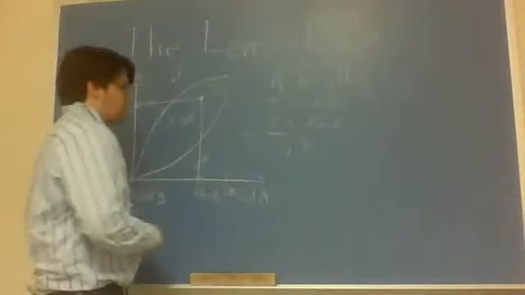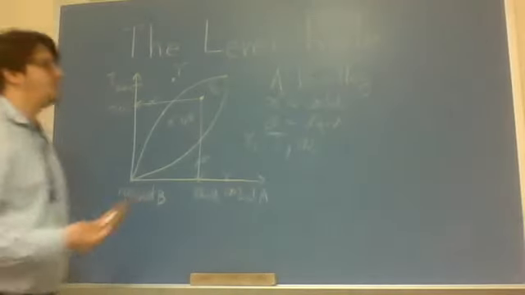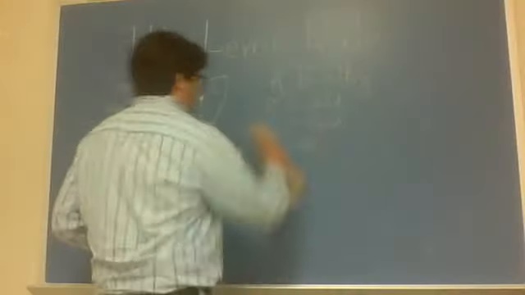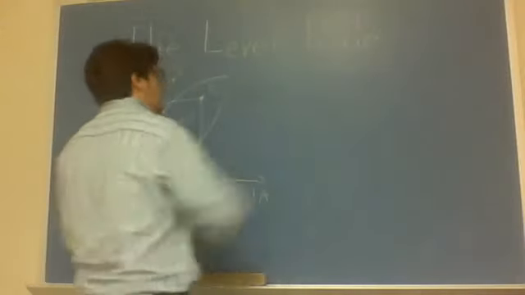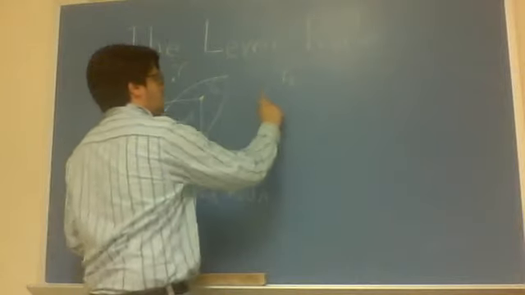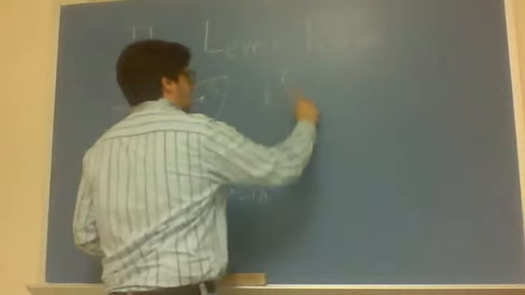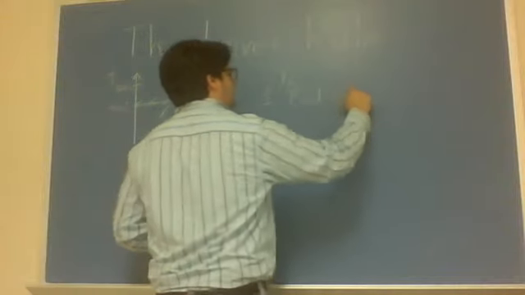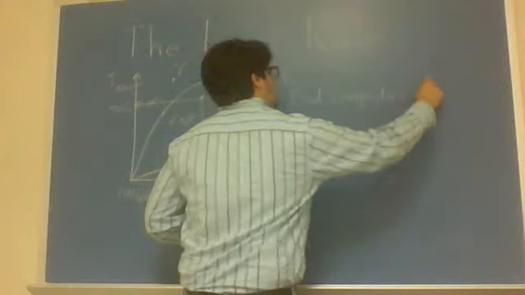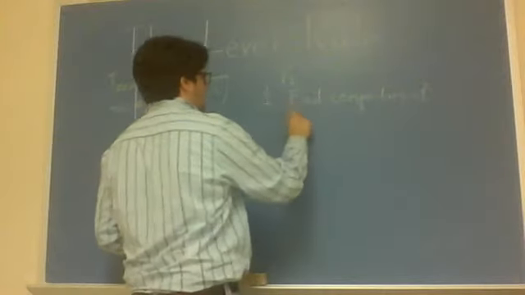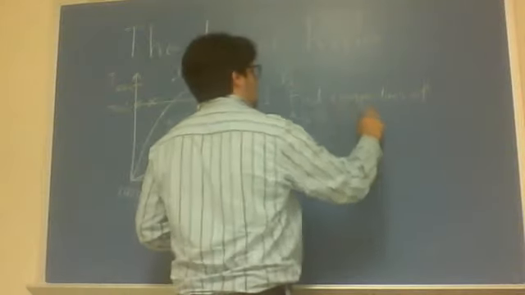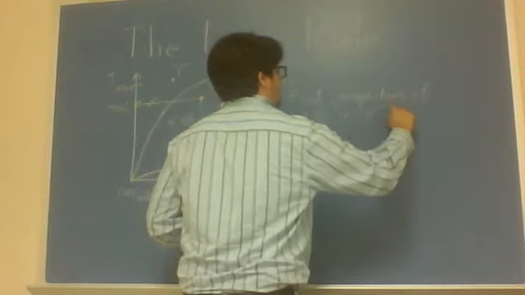The first part of the problem is usually to find the composition of A and B in alpha and beta.